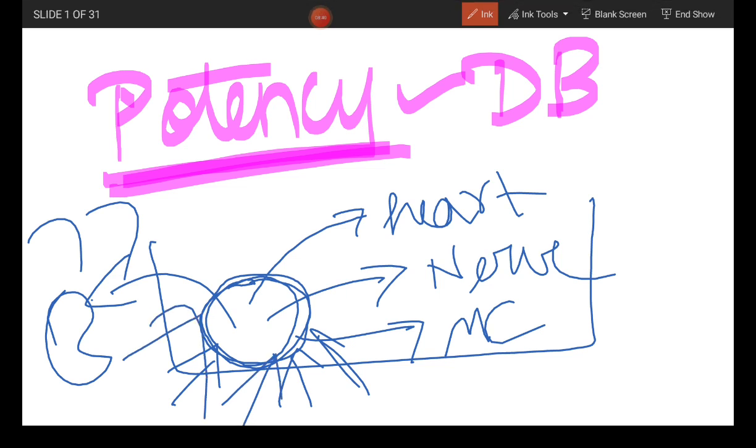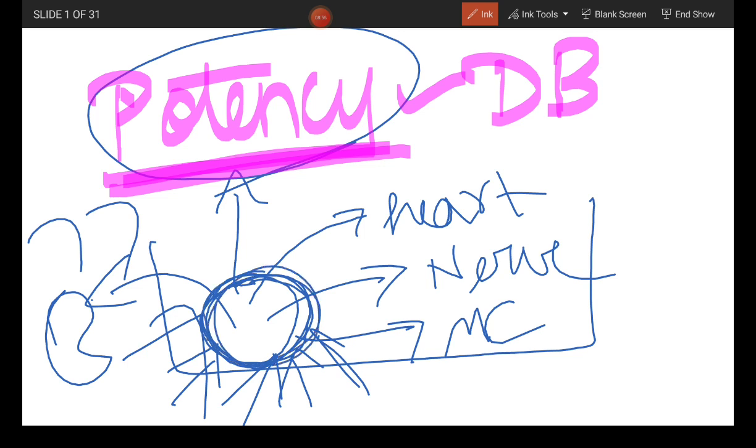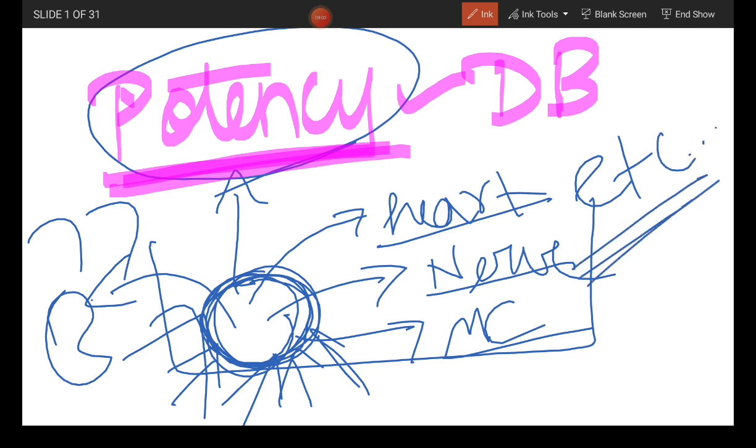So this undifferentiated cell has very high potency. Potency is the ability of a stem cell, that is undifferentiated, to form many different types of cells.